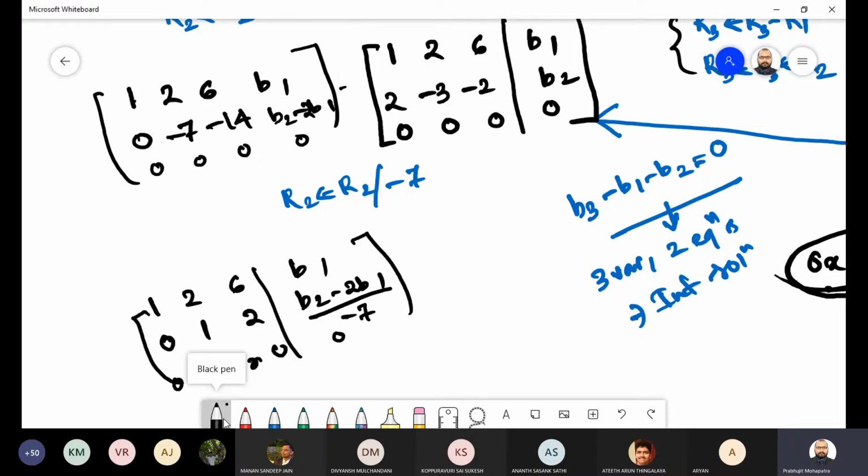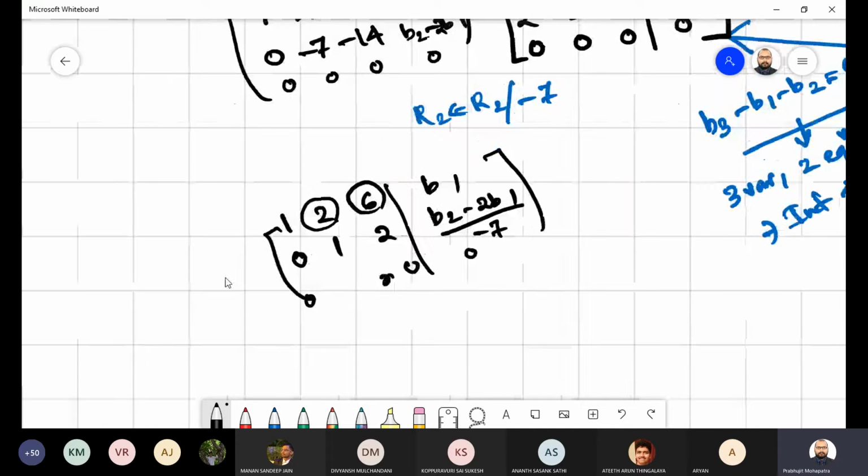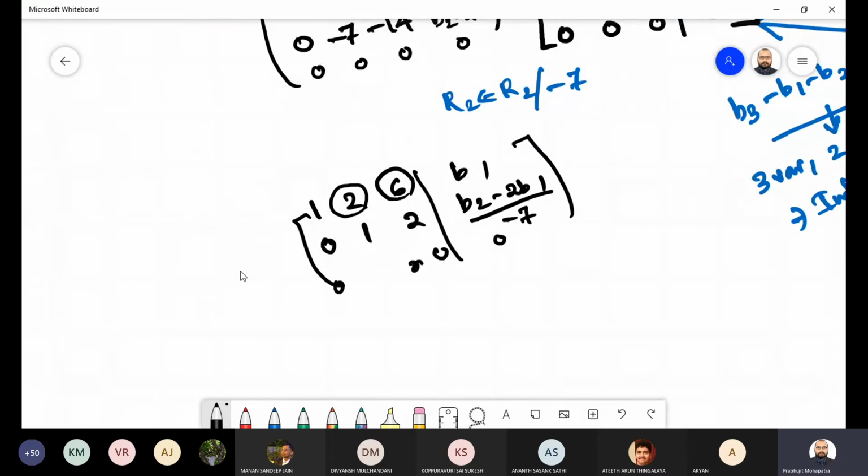Similarly, you can make this part also 0. So this is the last step we can do. You have to make this 2 part 0. So you can write R1 as R1 minus 2R2.